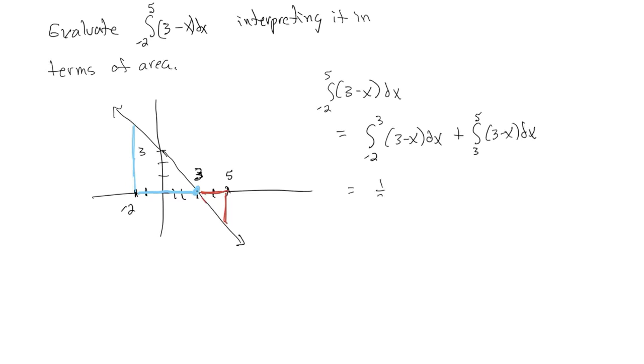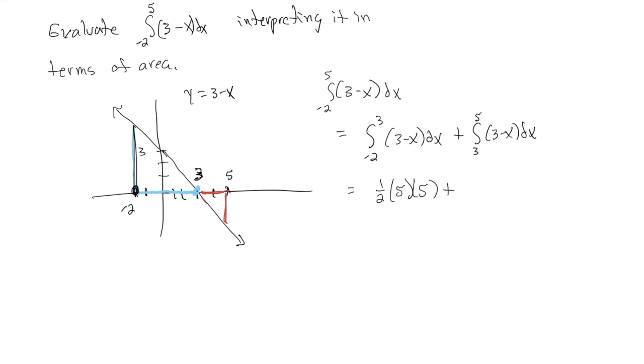So that first triangle, from -2 to 3, is a base of 5. And then my height is over here at -2. So what is the y value when x is -2? That's 3 minus -2, 3 plus 2, which is 5.